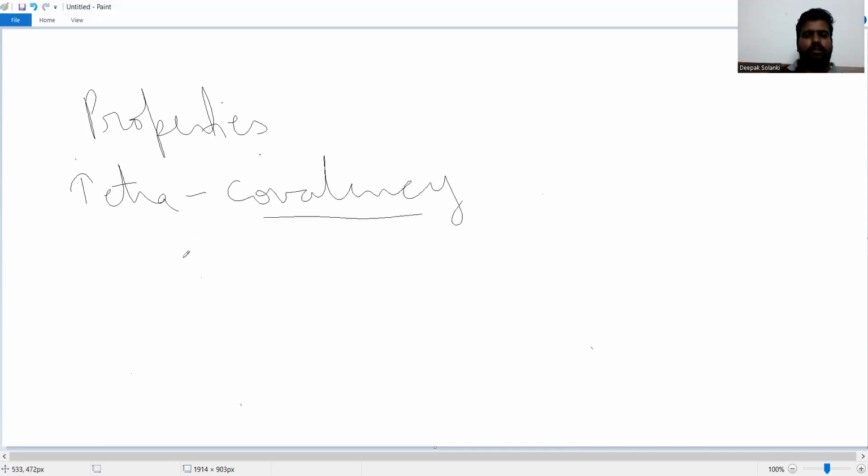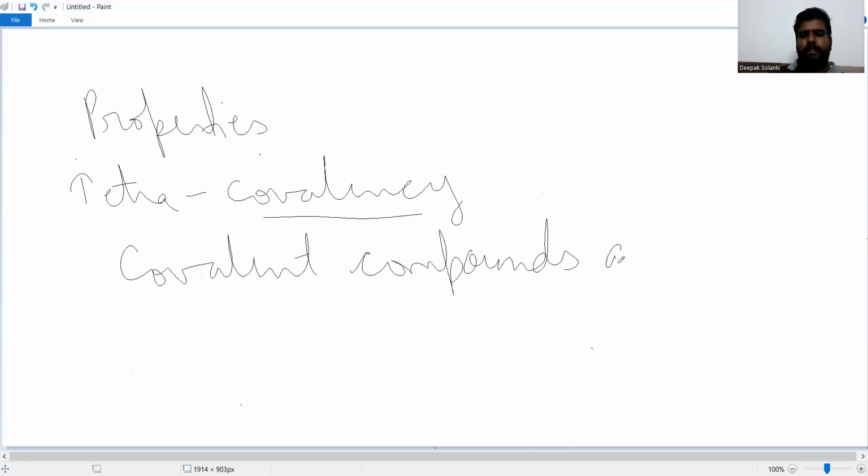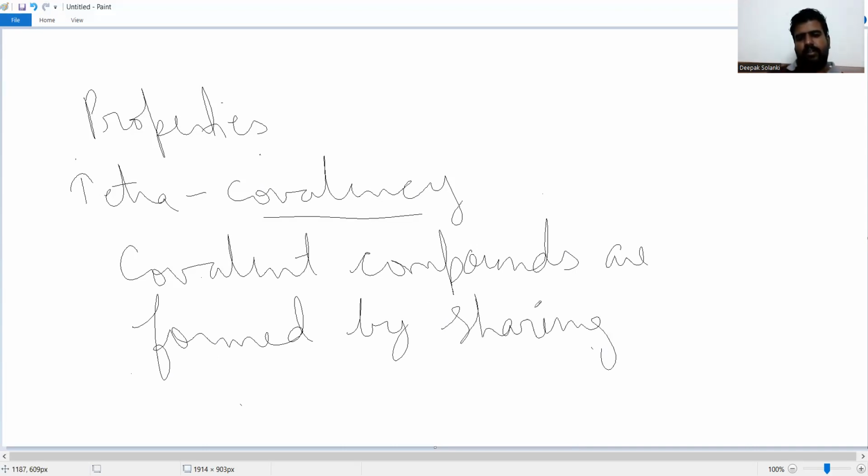Let me discuss covalent compounds. What are covalent compounds? Covalent compounds are formed by sharing of electrons. So carbon only forms covalent compounds by sharing of electrons.